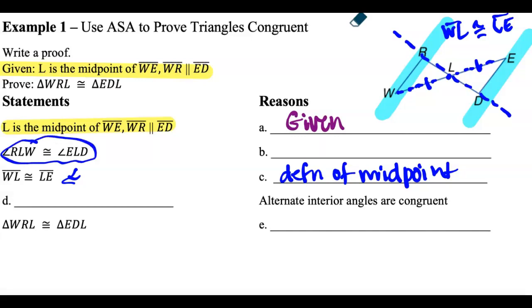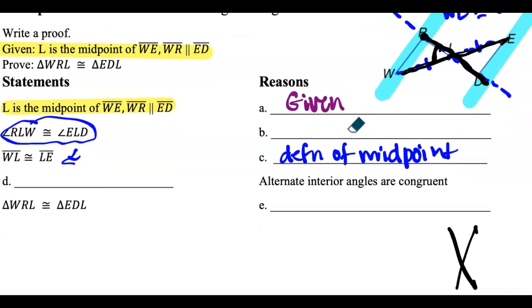If you look at that statement, it's saying something about angle RLW, okay? And then they are saying something about ELD, okay? Well, actually, I didn't need the fact that those are parallel lines then. All I need to know is this angle relationship. So again, when we have an angle relationship that looks like an X, these are considered vertical angles. So we say definition of vertical angles.